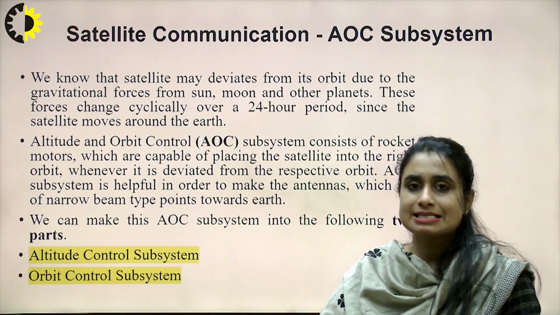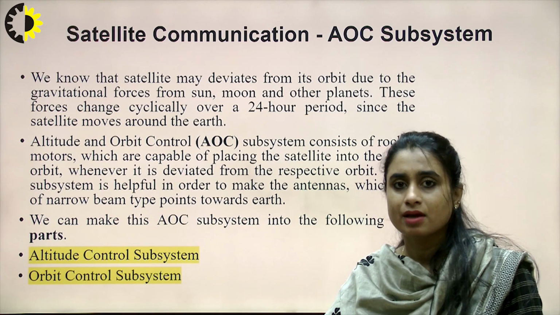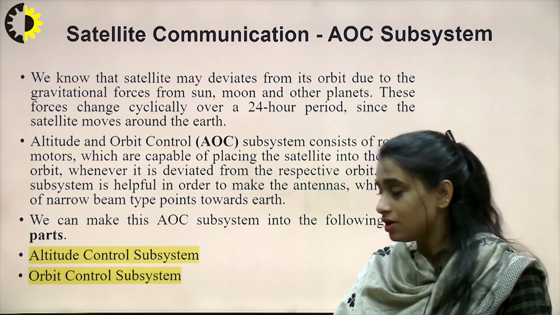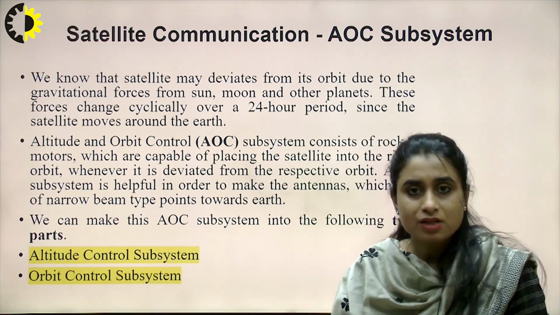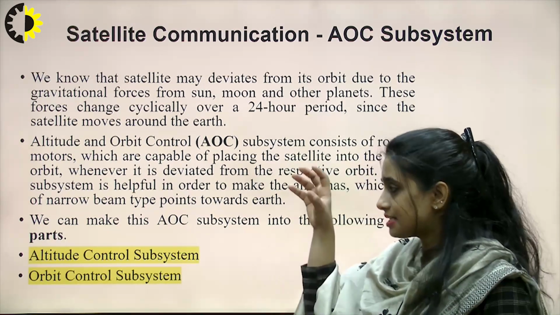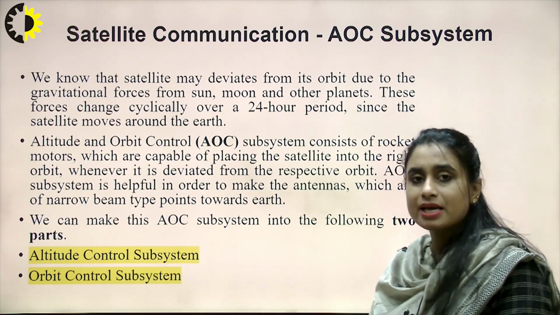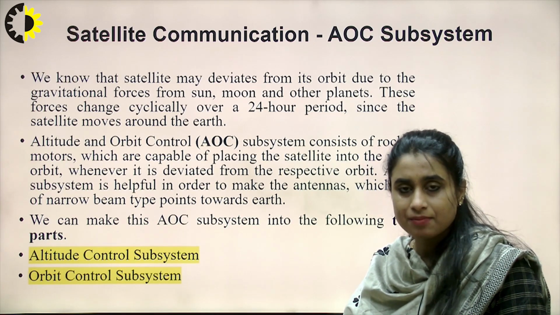So let's start with the first subsystem, that is AOCS, Attitude and Orbit Control Subsystem. First of all, we need to understand what is attitude control and what is orbit control. Whenever we are talking about placing a satellite in space, first thing, it has to be in its exact position for the desired time, right?